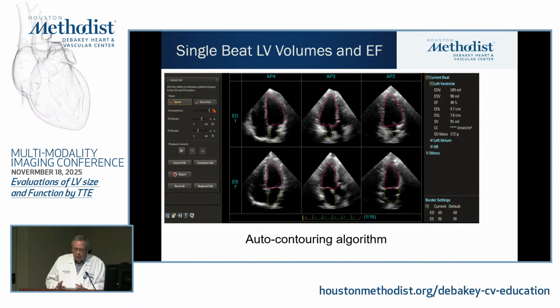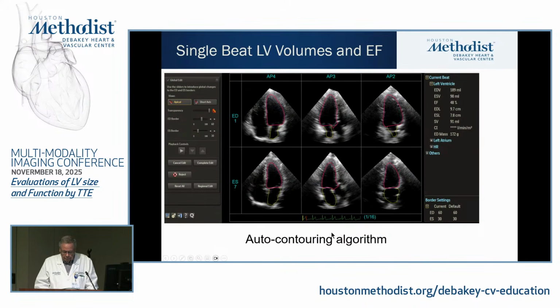Now, currently, 3Ds are a heck of a lot better, mostly because the digital technology in the machines has become extremely fast, capable of doing a lot of really elegant things with auto-contouring algorithms.